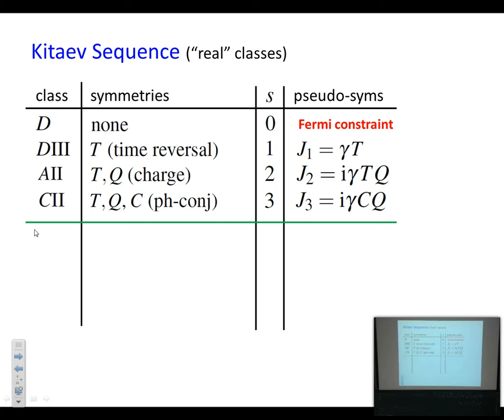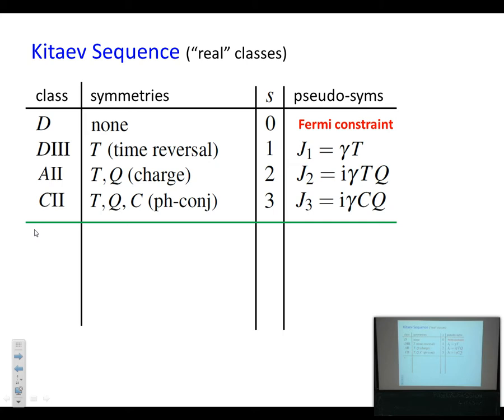So in the next step, we add an operation called particle-hole conjugation. And now that's a true symmetry. This is not something that anti-commutes with the Hamiltonian. It commutes with the Hamiltonian. So it's a true physical symmetry.